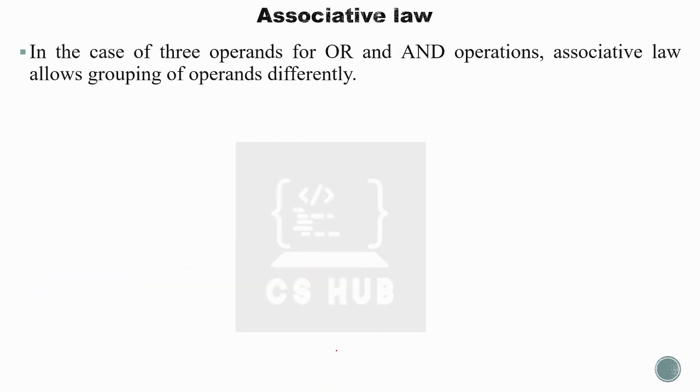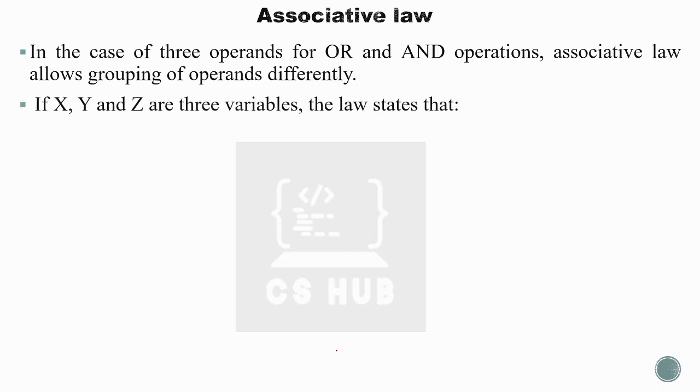Next law is associative law. In the case of three operands for OR and AND operations, associative law allows grouping of operands differently. So far we have discussed two operands or single operand operations, right? Suppose x, y, z are three variables.